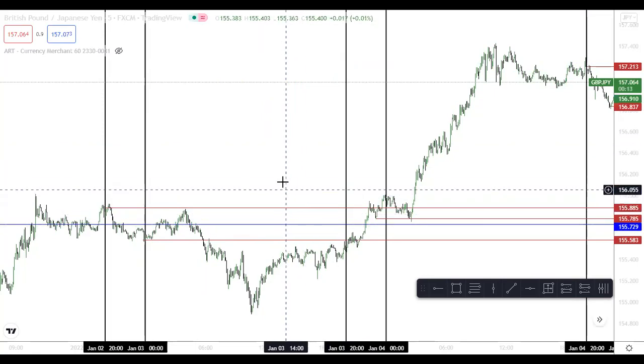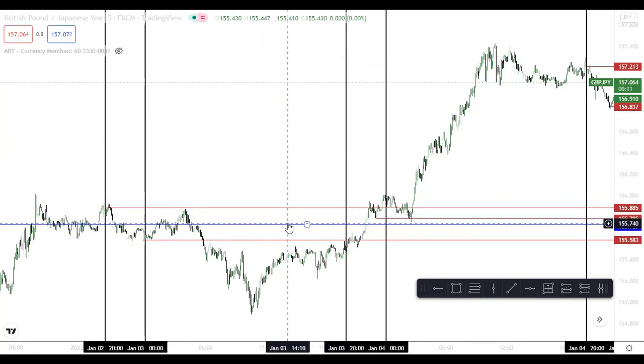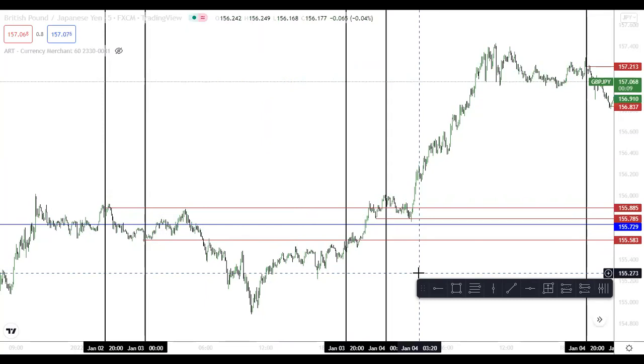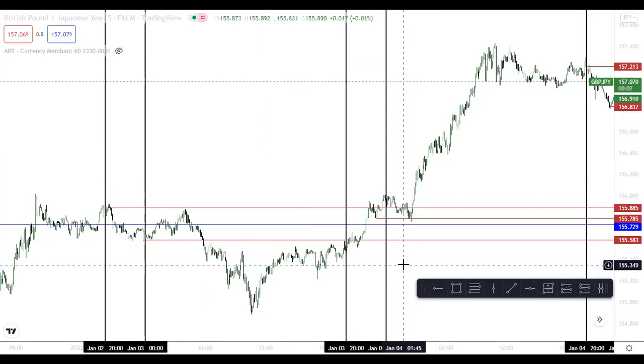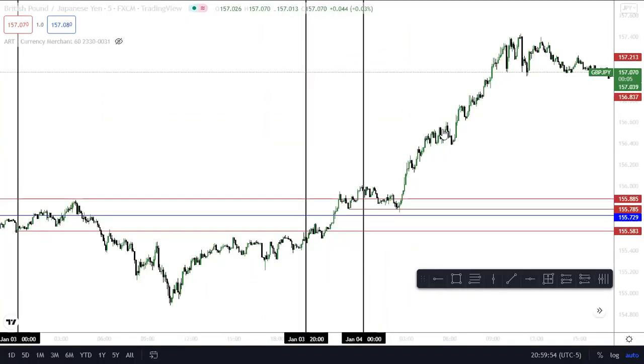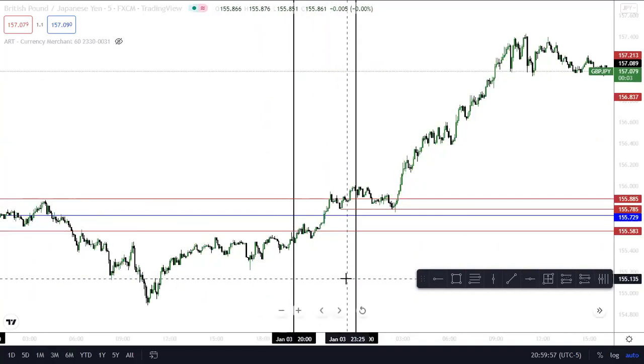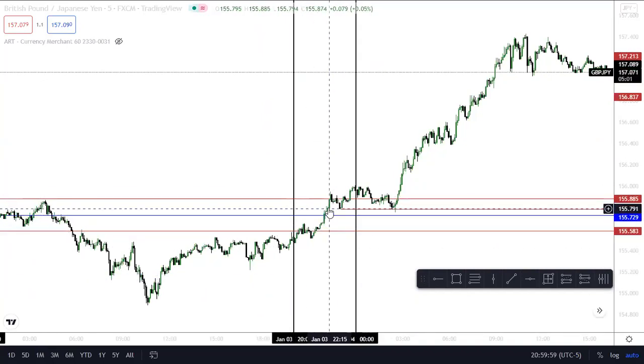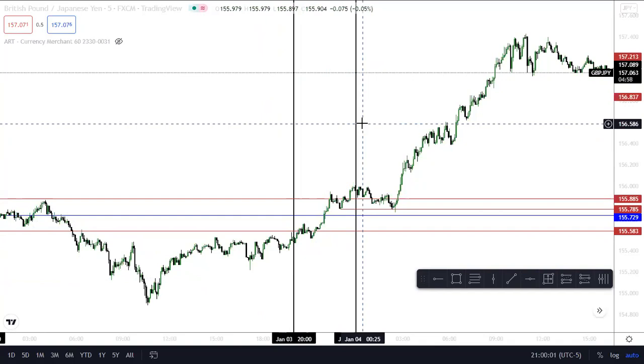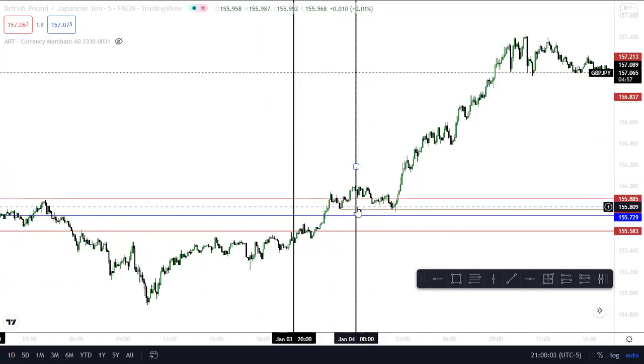So you know the price range, or the exact price, as a matter of fact, that you want your setup to form, right? In a perfect world, the price will tag this and then it will move lower, or it will form an order block right here and then it will move away from the order block, right?